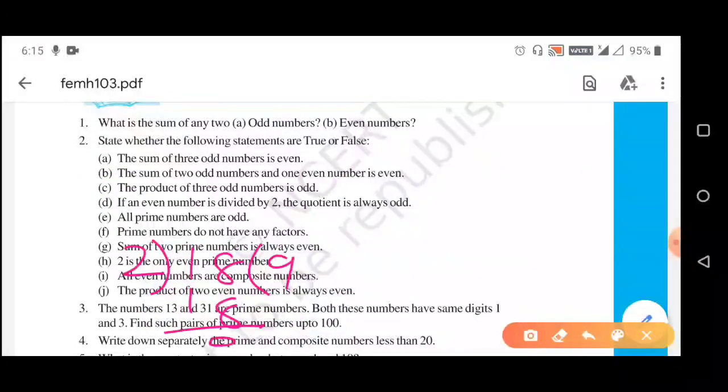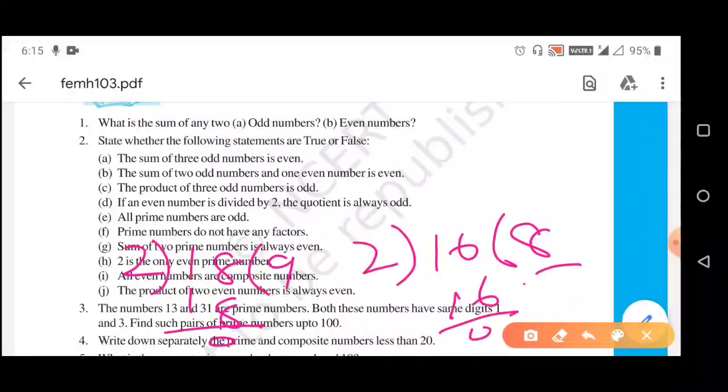But if we take one more example, suppose the even number I am taking 16 and I am dividing it by 2, then here we are getting the quotient is an even number. So it is false that if an even number is divided by 2, the quotient is always odd. The quotient may be an odd number, the quotient may be an even number also. So it is false.